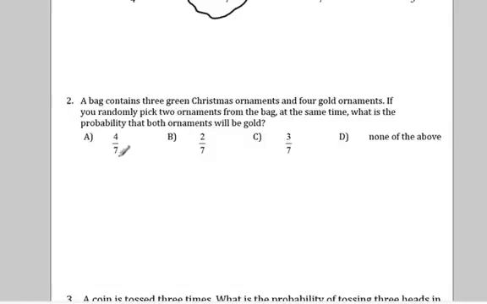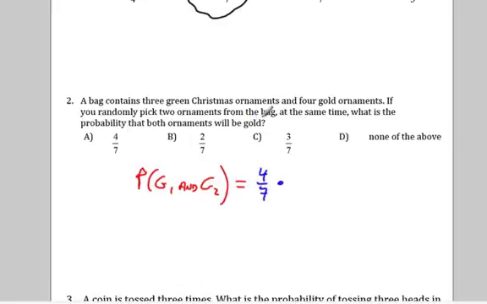If you're going to pull 2 out at the same time, that's like pulling one then another right after. So the probability of drawing a gold first and a gold second will be a 4 out of 7 probability because there are 4 gold in the bag out of a total of 7.